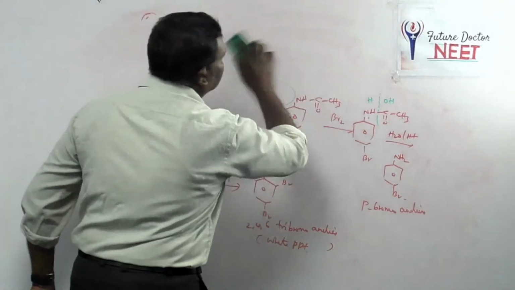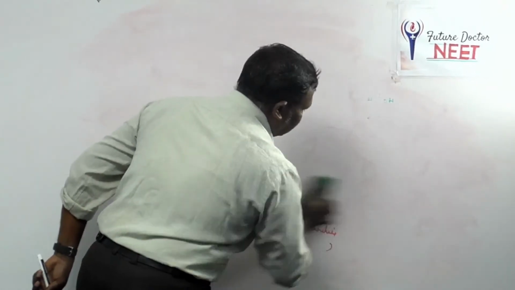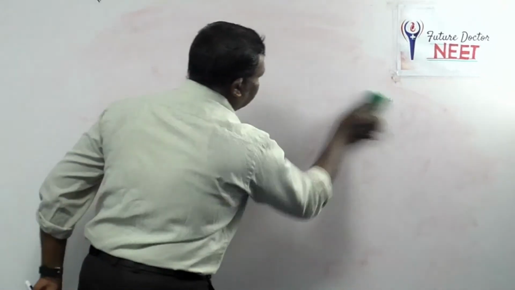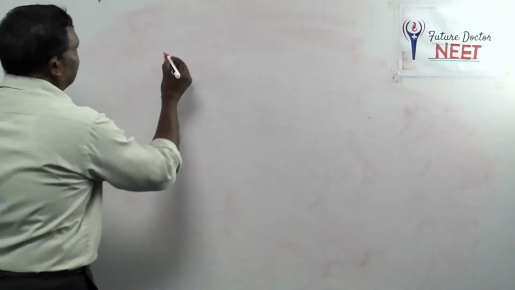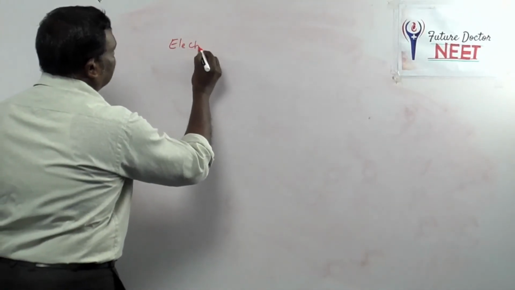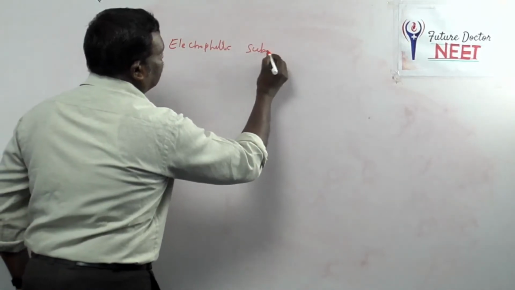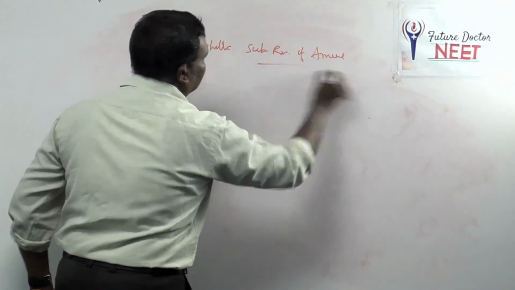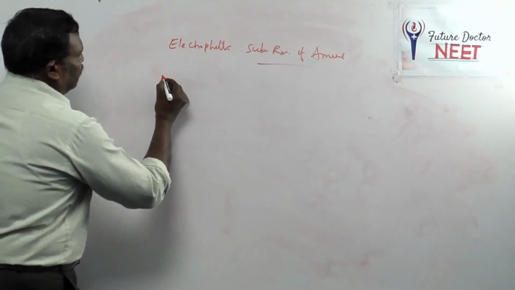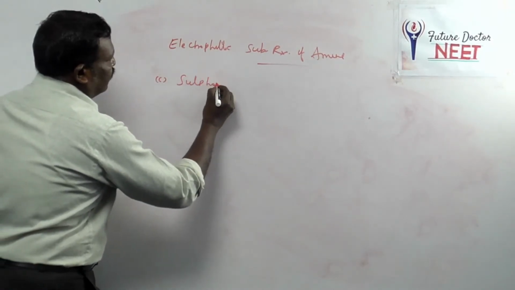Next one is electrophilic substitution reactions of amines. This only we are seeing. And the third one is, you write C, sulfonation.